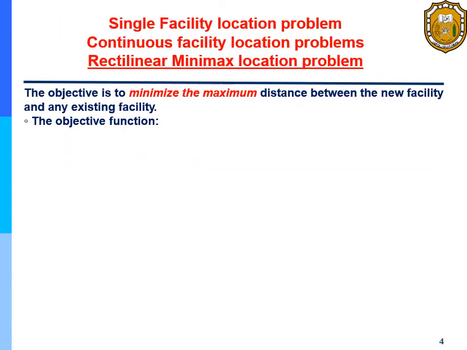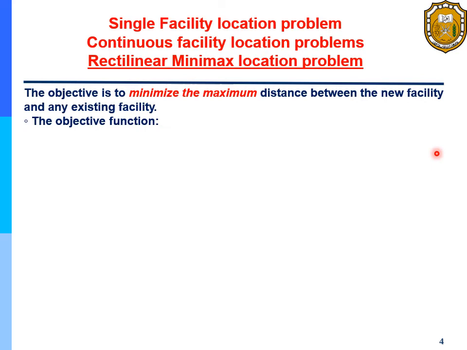So, until now, we focused on single facility, rectilinear distance, minisum location problems. Okay? Now, we are changing our objective, and we want to minimize the maximum distance. Okay, it's a very important objective, especially in certain situations like emergency facility locations.